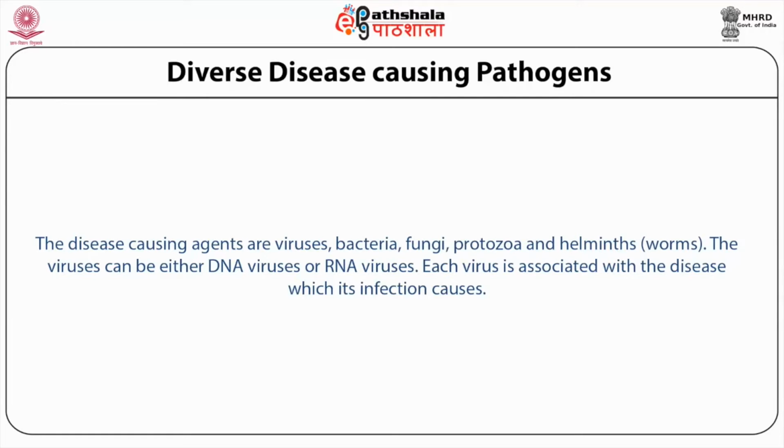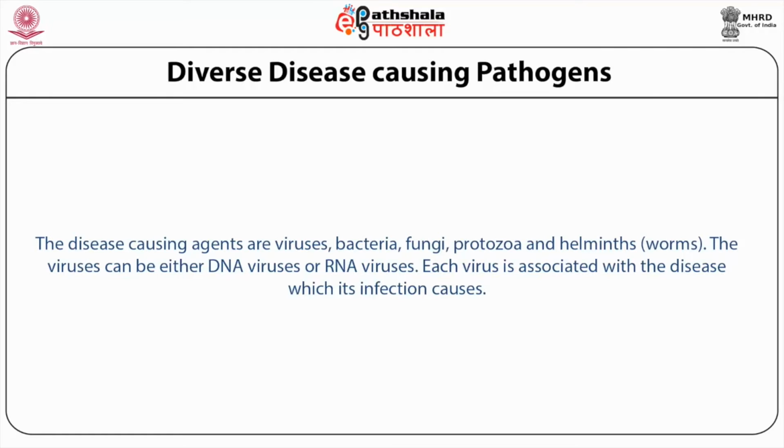Each virus is associated with the disease which its infection causes. This slide shows some of the diseases which are caused by DNA viruses like adenoviruses, herpes viruses, pox viruses, papillomaviruses, etc. The diseases caused in humans by these DNA viruses are also listed here.